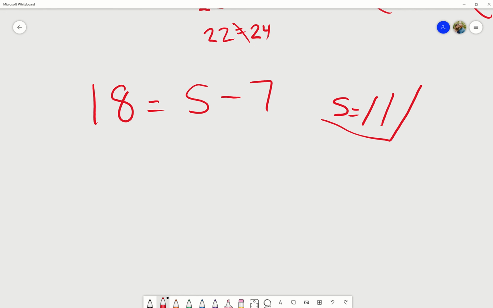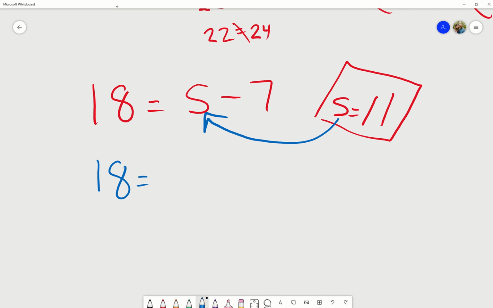Is this a solution? Well, we're going to substitute in. 18 equals 11 minus 7. 11 minus 7 is 4. Does 18 equal 4? No, it does not. s equals 11 is not a solution.